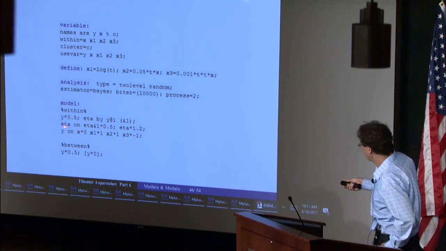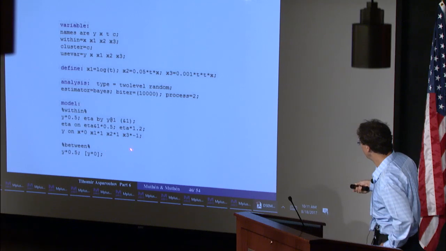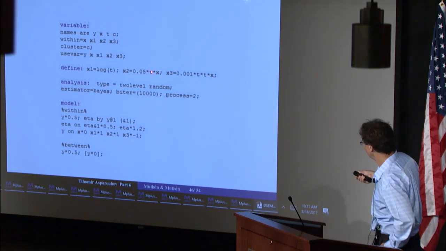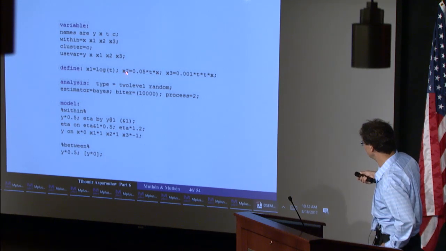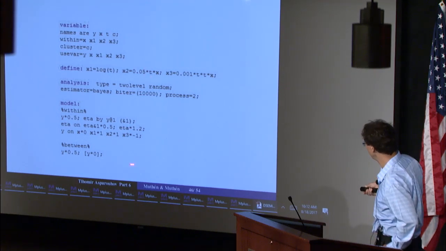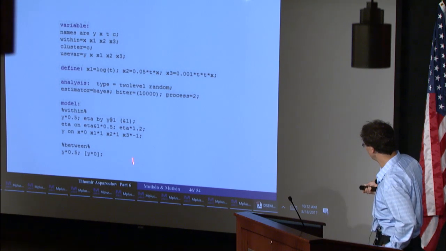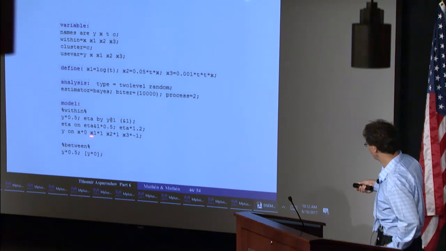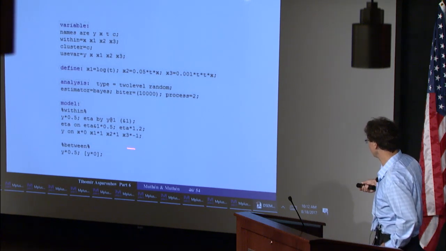So we have this: the intercept is regressed on the logarithm of t, and then because there was a random slope for x, we actually have to multiply the time by the covariate. So this x2 now is the linear trend multiplied by the covariate, because that was the slope on x. And again, the quadratic term multiplied by the covariate. So you can just estimate this essentially now as a two-level model.